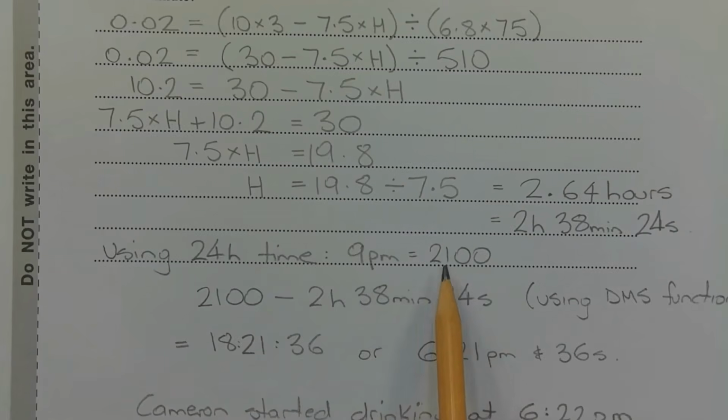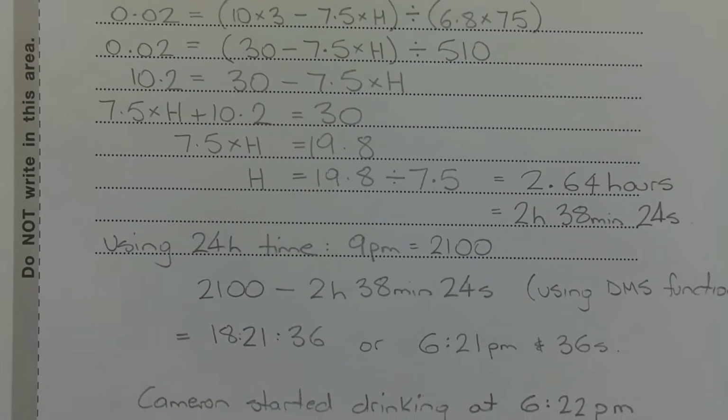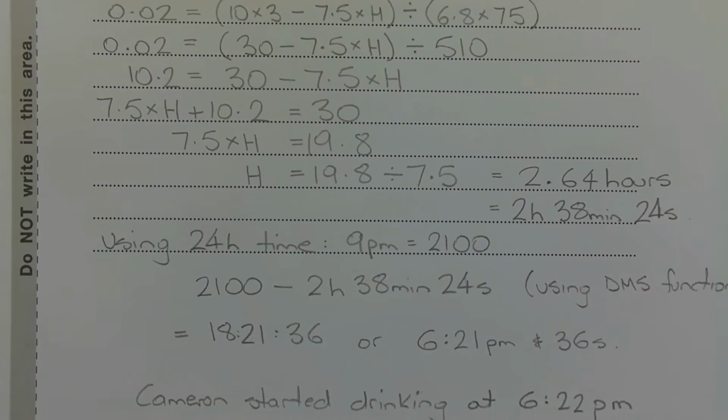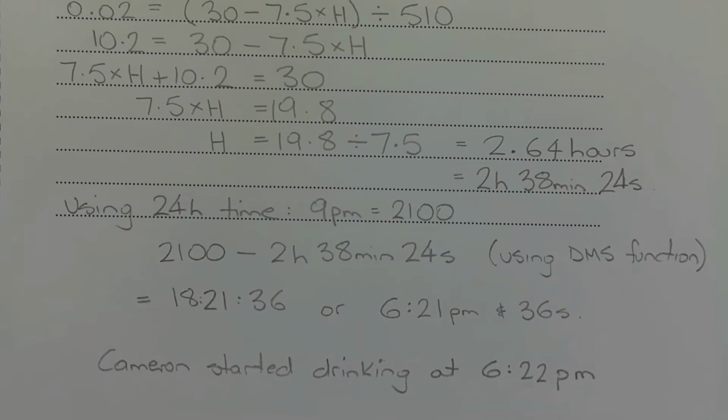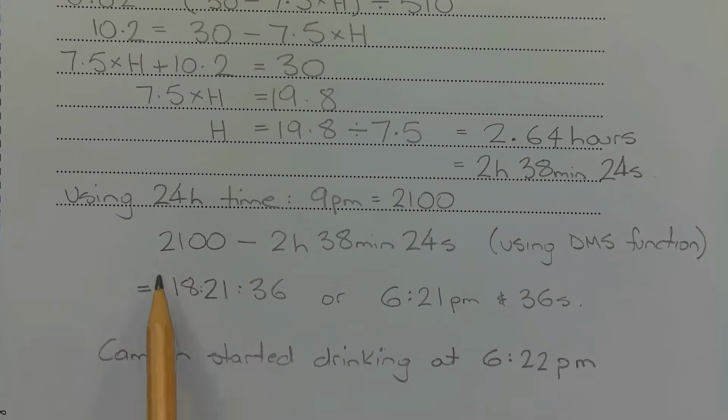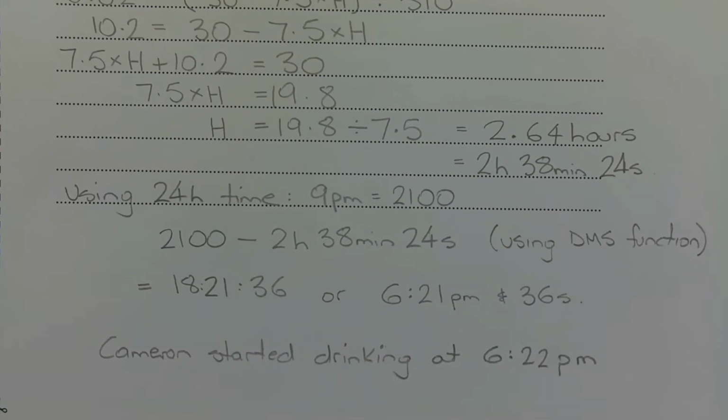So 9 p.m. is 2100 hours. And using the degrees, minutes, seconds button on the calculator, 2100 hours minus 2 hours, 38 minutes, 24 seconds is equal to 18:21:36. So 18 hours, 21 minutes, 36 seconds.